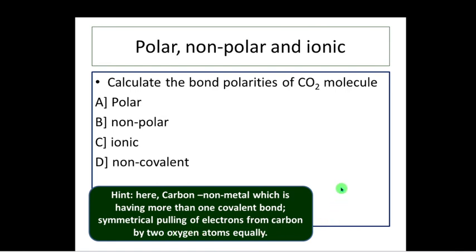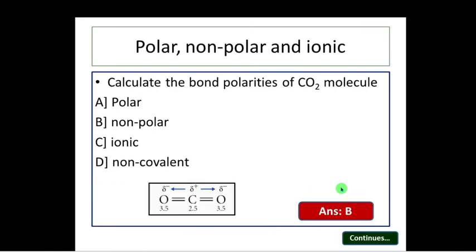I have given the structure in the next slide. This is the carbon: its electronegativity is 2.5, and oxygen's is 3.5 on both sides. Based on the geometry, the two oxygens pull equally, so the compound is non-polar in nature. So the option is the CO2 molecule.